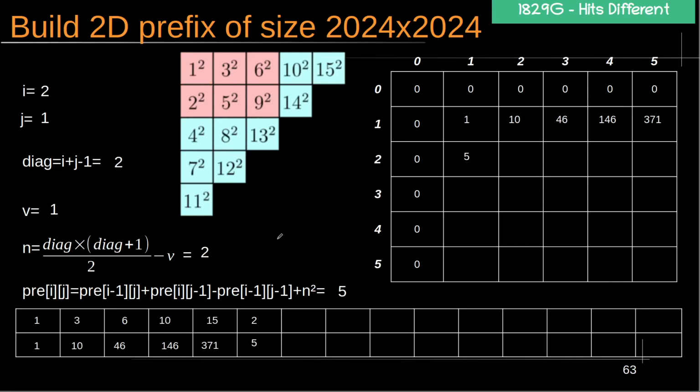So for 2 we have 5. We go to the second column, the diagonal is equal to 3, n is equal to 5. The sum in its range is equal to 9, 30, 39.